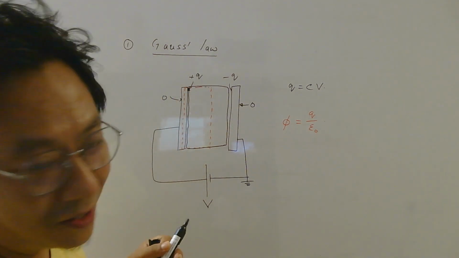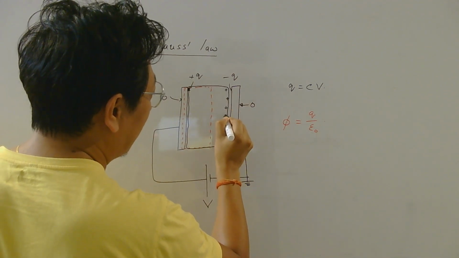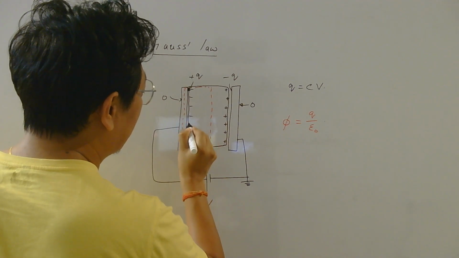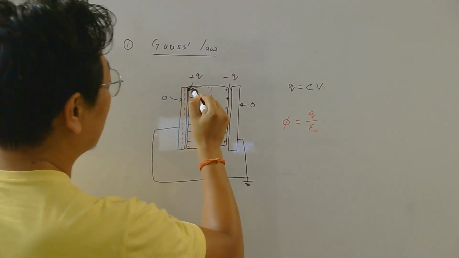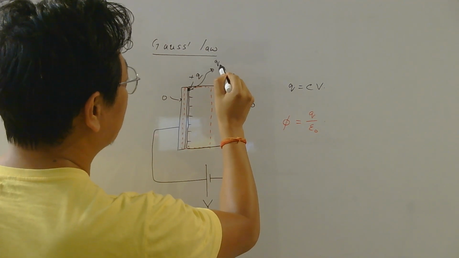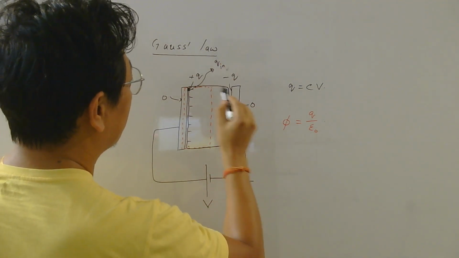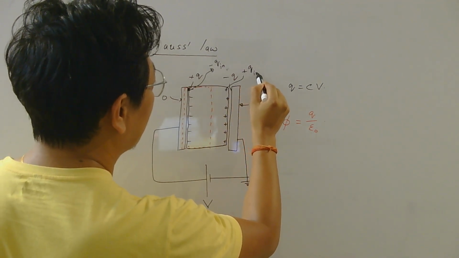We have already studied that. So this side will acquire a net positive charge, and this side will acquire a net negative charge. These charges are what are called the induced charges. So this is minus Q induced, and this is plus Q induced.